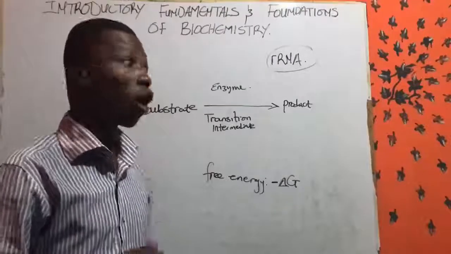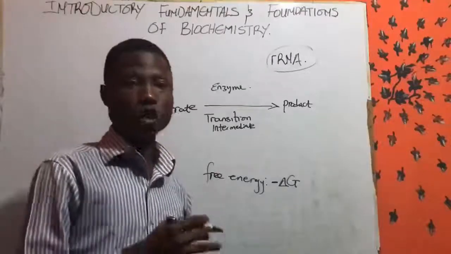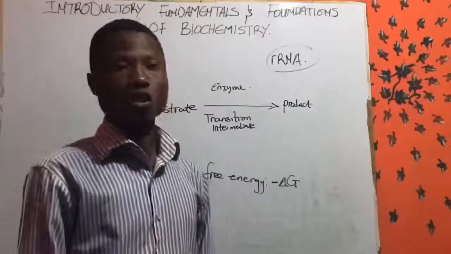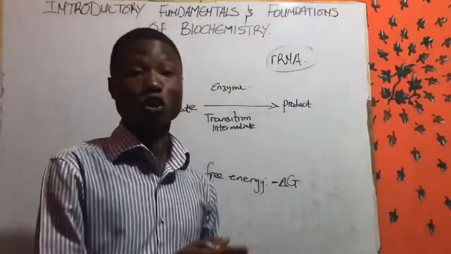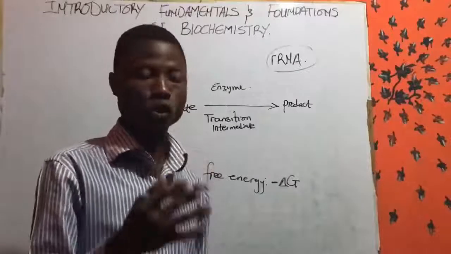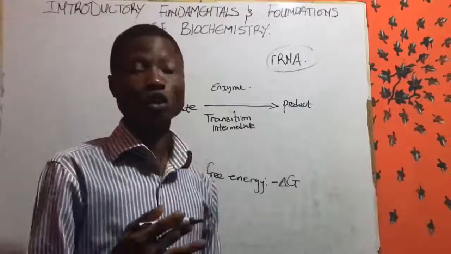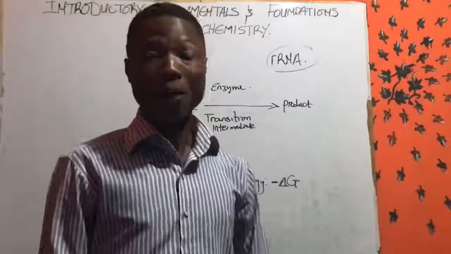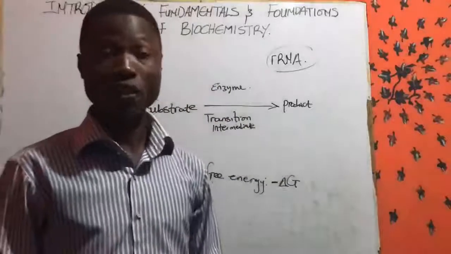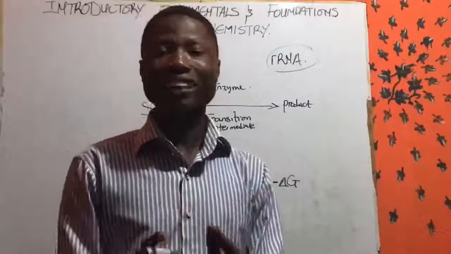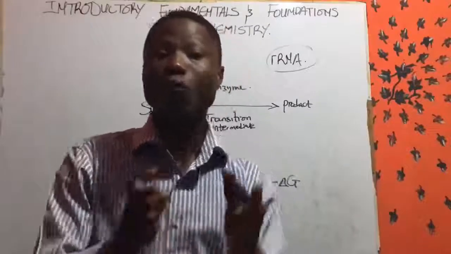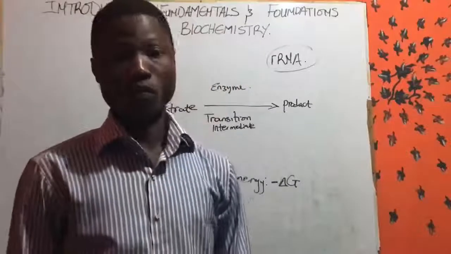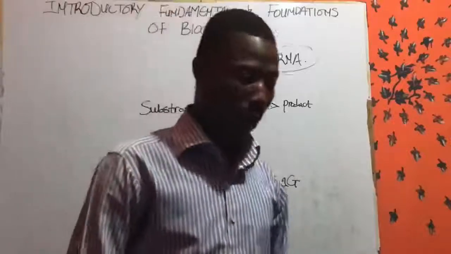The hexokinase will work on D-glucose to give you D-glucose 6-phosphate. So your hexokinase that is to function on D-glucose will not function on L-glucose. Why? Because enzymes are stereospecific. They are specific for a particular configuration of substrates. Are we together? So that's about that.